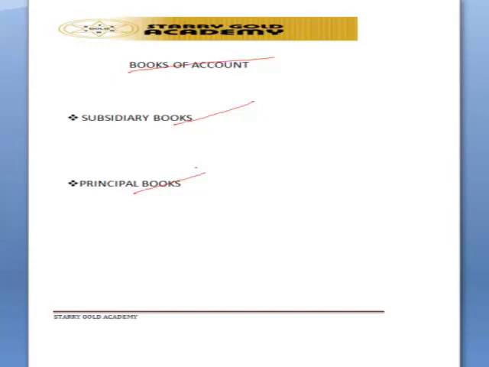The subsidiary books are sometimes referred to as books of prime entry, or the books of original entry. But before we look at the principal book, which is the ultimate book, we must look at what we mean by the subsidiary books of account.